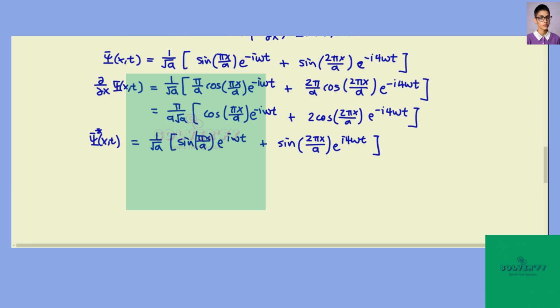Okay, so this is the complex conjugate, and then we are going to multiply the psi star with the d/dx of the psi. So we have pi over a squared, sine pi x over a cosine pi x over a. Okay, so we first write down the terms where the exponential terms cancel out.